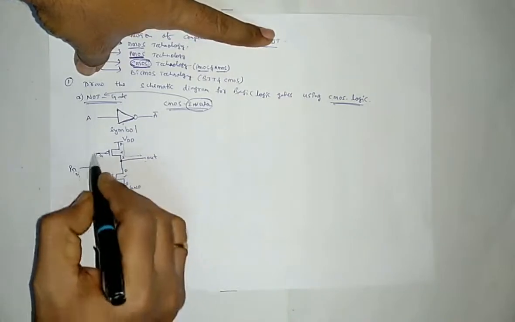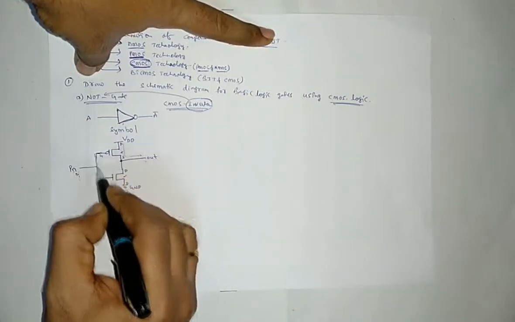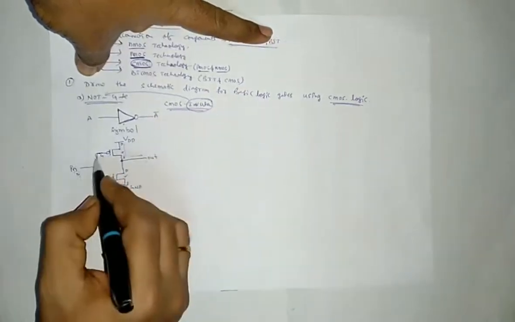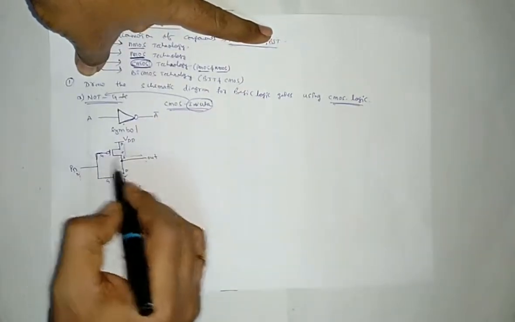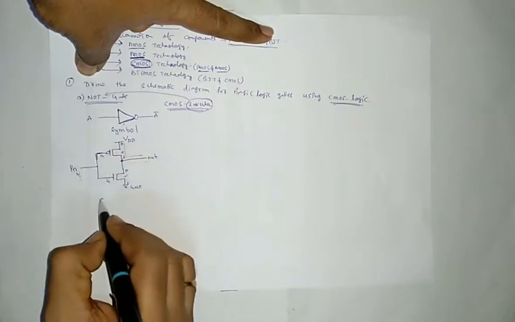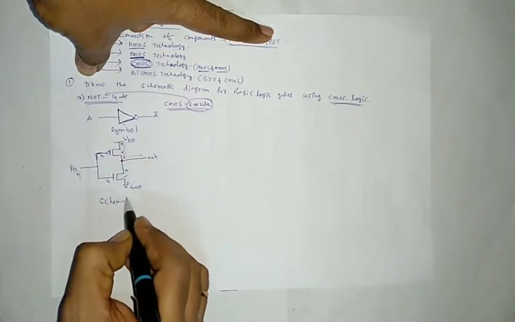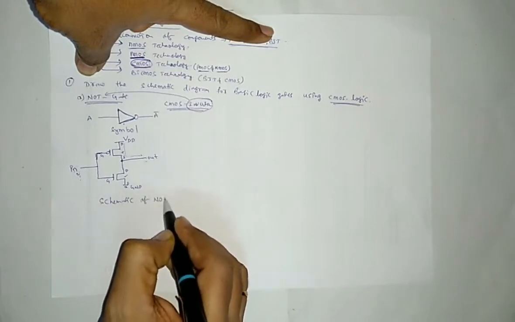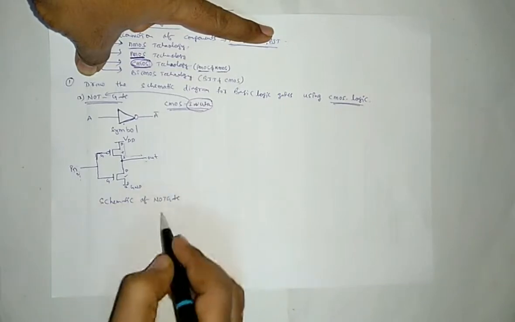Now this is the NOT gate logic using CMOS technology. This is called the schematic of the NOT gate, right?